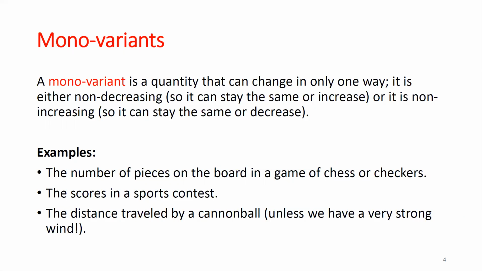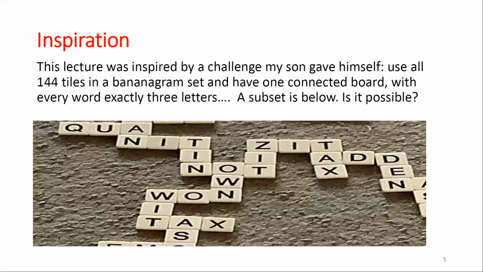As I remarked, the number of pieces on a board, the score in a sports contest, lots of things change. People's weight typically is not a monovariant. Maybe when you're young, it's always going up. And then unfortunately, for some of us, it goes up too far. Sometimes we have some self-discipline and we get it to go back down a bit before it yo-yos back up again.